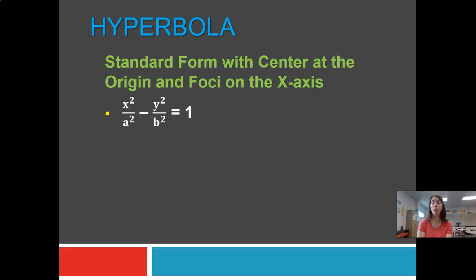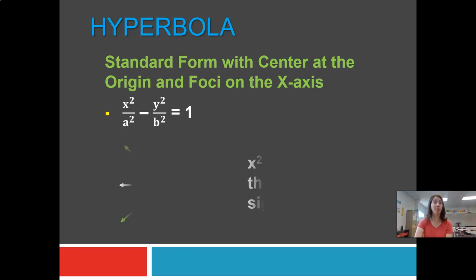Notice it says x squared over a squared, then it's minus y squared over b squared is equal to 1. In your standard format, the equation still has to be equal to 1, but now we have that minus sign in between the two fractions instead of the plus sign. The plus sign is what led us to the ellipse, the oval shape. The minus sign is going to lead us to the hyperbola.